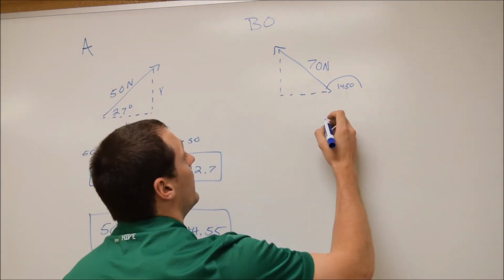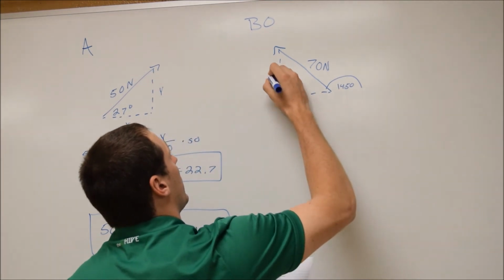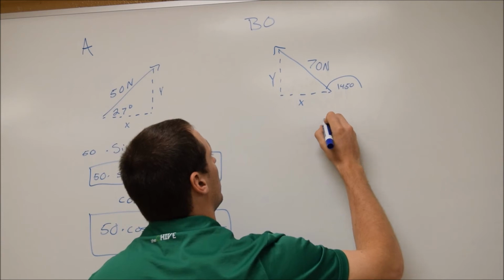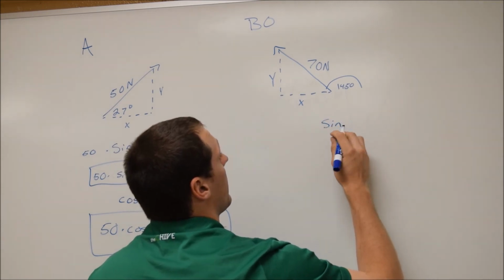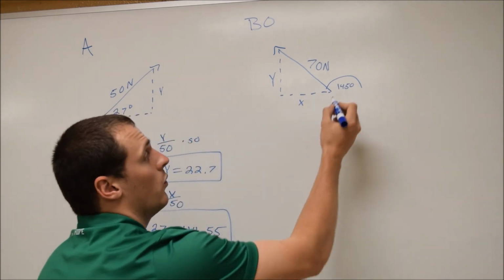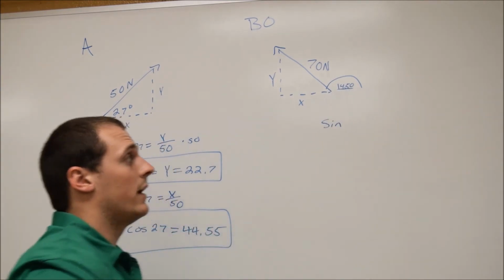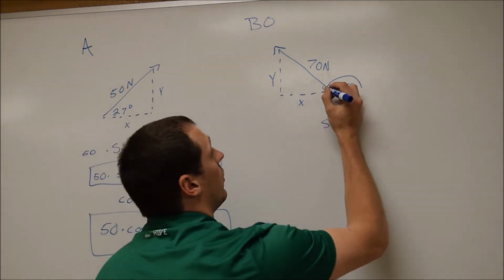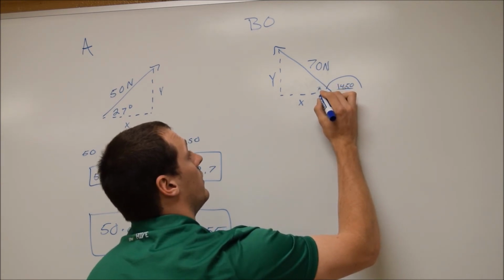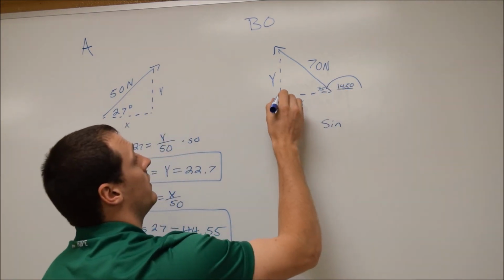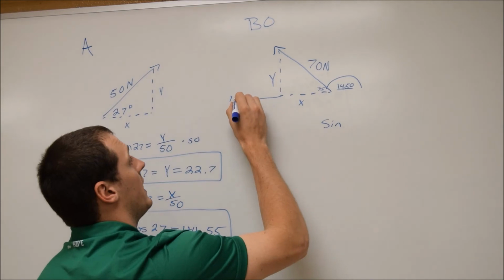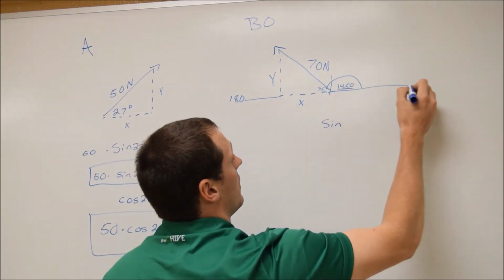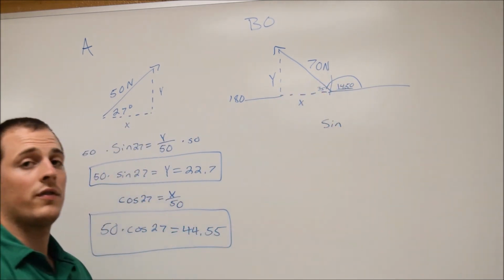What we've got is our x here and our y here as well. So we'll start with sine again. We take the sine of, you can use either 145, but I prefer to work specifically in the triangle. So I'm going to use 35, because we know that this right here is 180 degrees and this is taking up 145 of that.